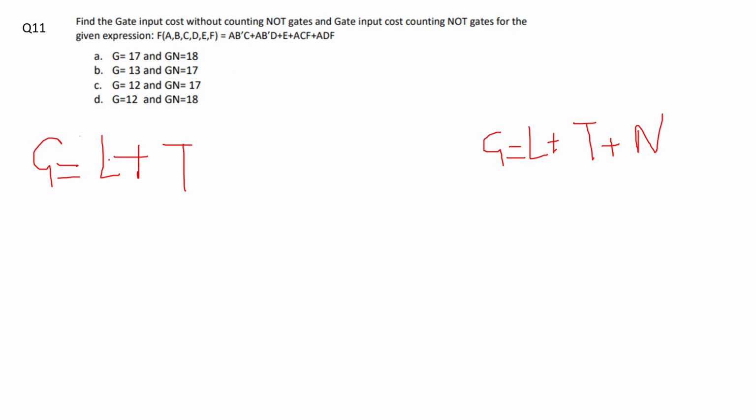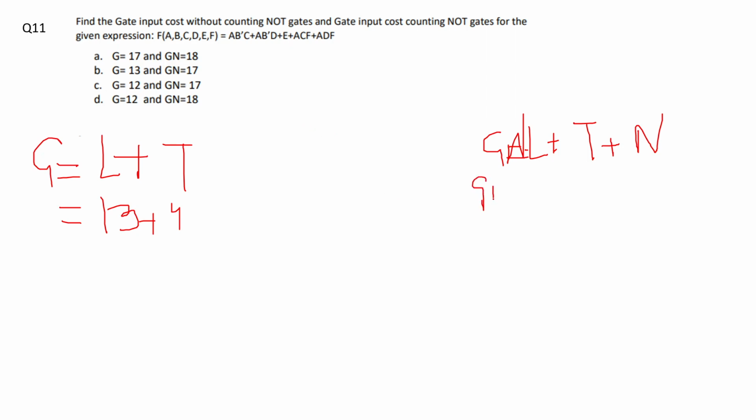So let me count the number of literals first. The number of literals L is 1, 2, 3, 4, 5, 6, 7, 8, 9, 10, 11, 12, 13, and the number of terms is 1, 2, 3, 4. This one is not counted because we have to exclude this one variable term.